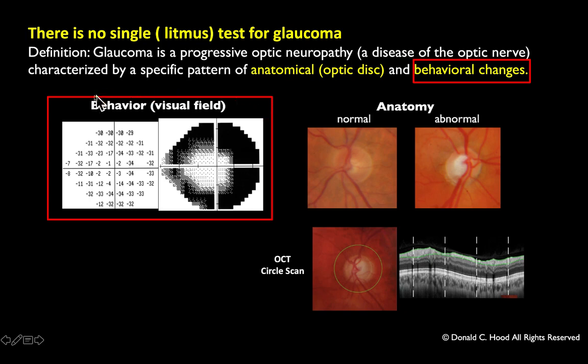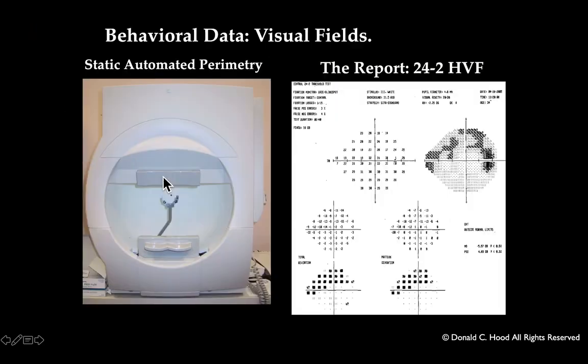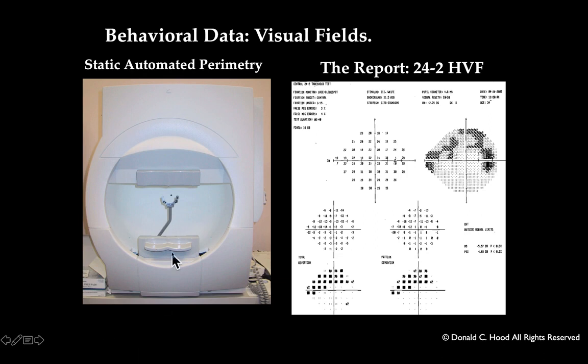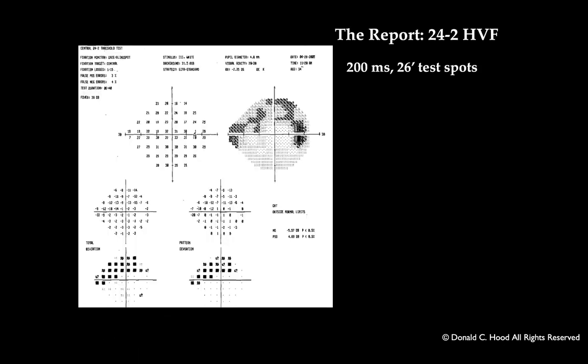And by behavioral changes, we mean visual field. Okay, I think you all are familiar with this report, but let me just remind you that the subject here is pressing a button every time they see a light, and the lights are very brief and very small.